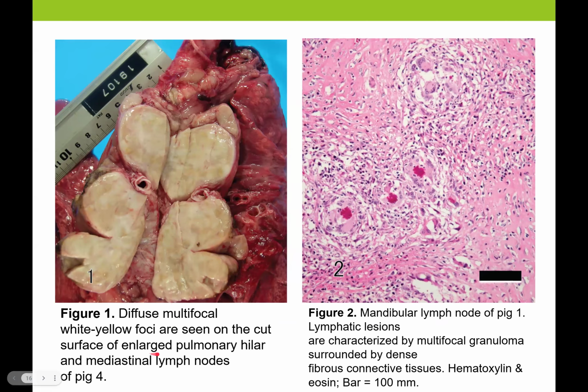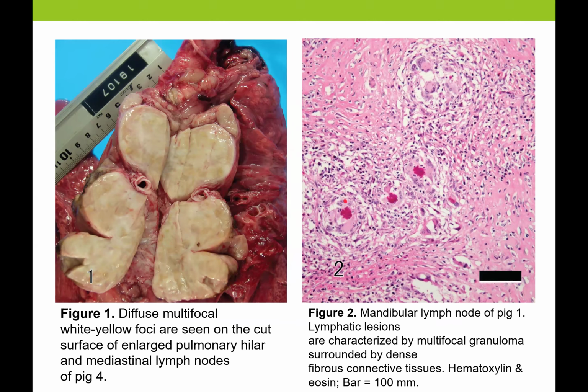So these are enlarged pulmonary, hilar, and mediastinal lymph nodes of the pig. These are produced by the bacteria because it goes through the lymphatic system, and then they can be trapped in the lymph nodes. Once they are in the lymph nodes, the lymph nodes will react against them. It will create a granuloma around it. So it will try to contain it.